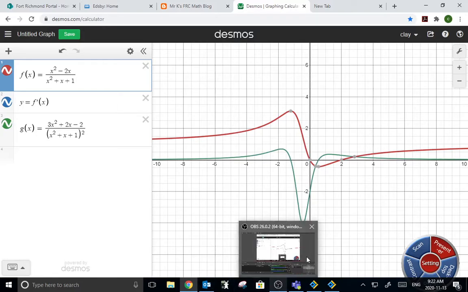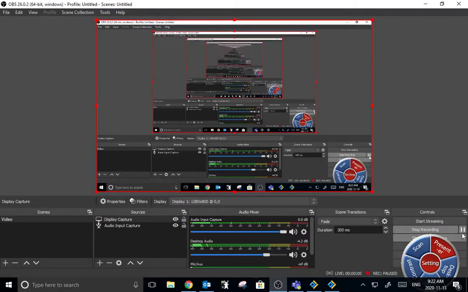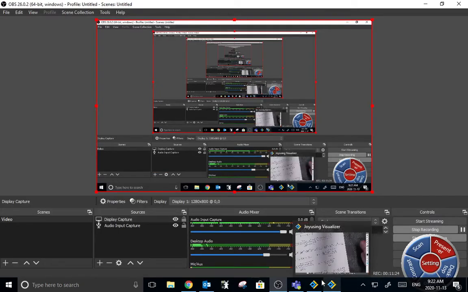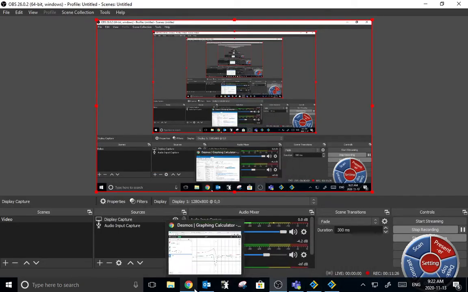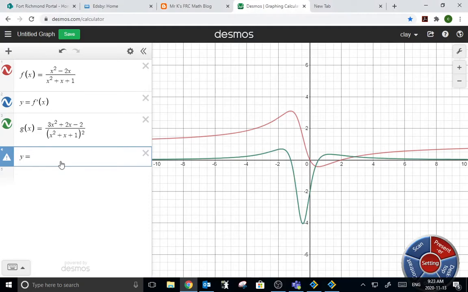And one last thing, if we wanted to double check to make sure that we did the tangents right, we can ask Desmos to draw the tangent lines, which is just entering it as a y equation.